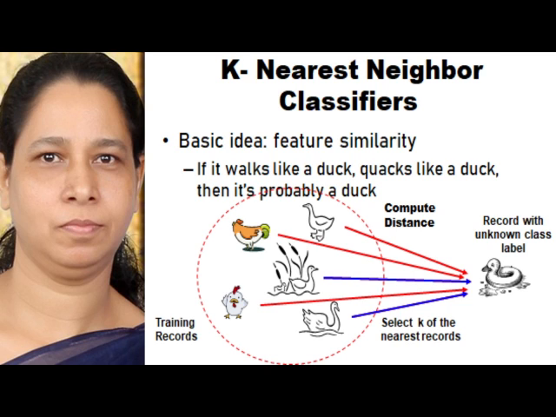Hence, in KNN, the given tuple with unknown class label or new object is compared with the stored training tuples. Training tuples having similarity with the new object are considered as neighbors. For identifying the class label of the new object, k nearest neighbors are considered. Hence the name k nearest neighbor.